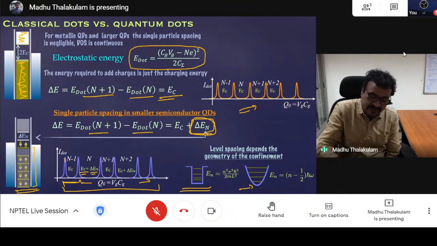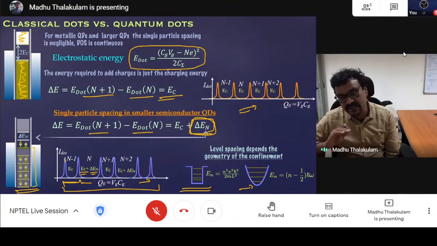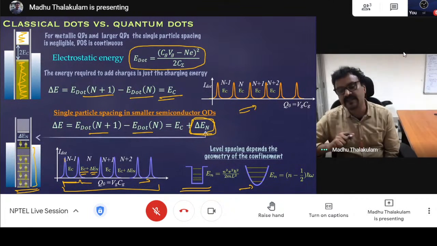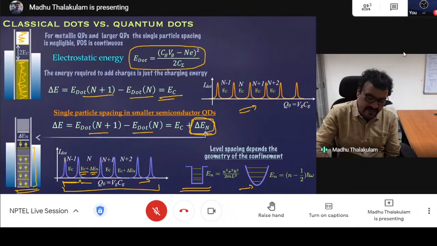According to that periodicity, the delta En will vary. Delta En is the energy separation between the adjacent single particle states. That delta En will vary. So you will not get this kind of, here it's actually doubly periodic. This is a doubly periodic structure, that is for a parabolic well. But you will not see this for a square well.